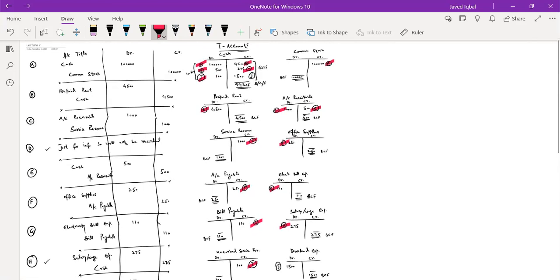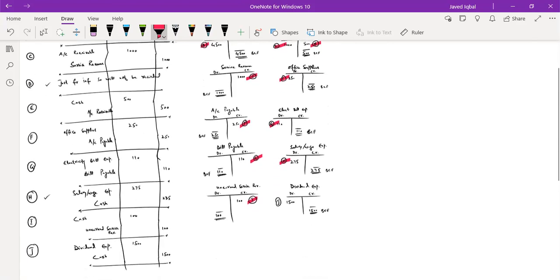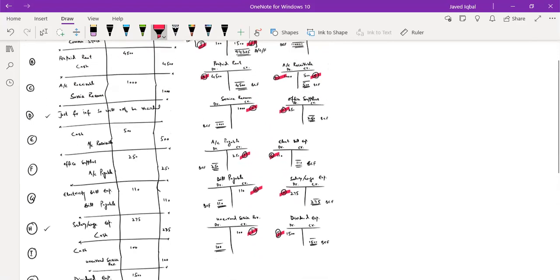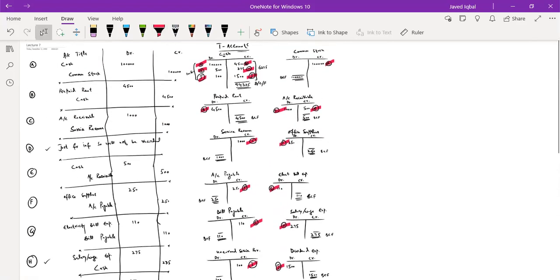Then you have last transaction of dividend payment, which is cash credit 1500 and then 1500 debit. So you have not written any excess amounts. So this is how you cross verify it, so that you don't make mistakes moving on further.